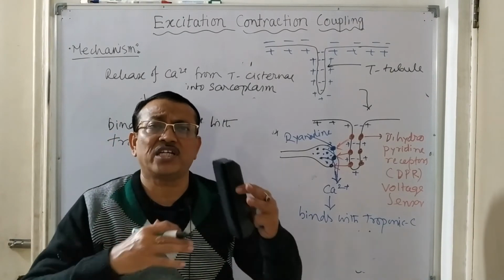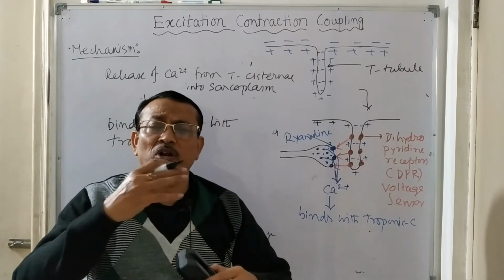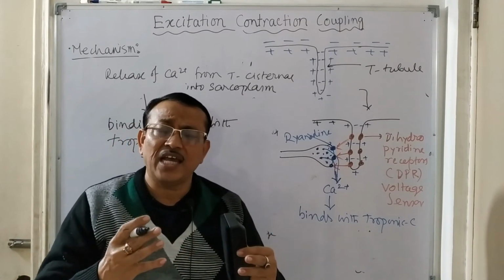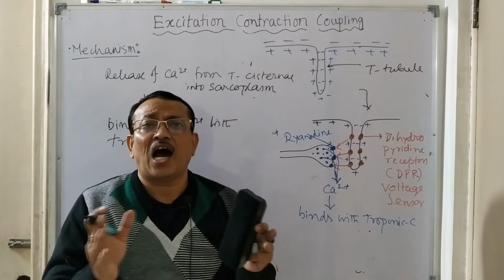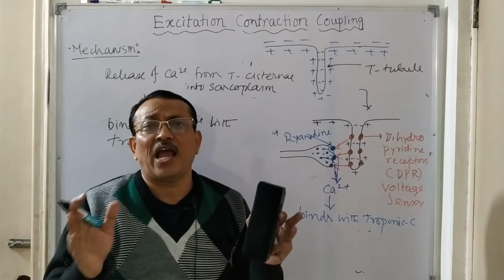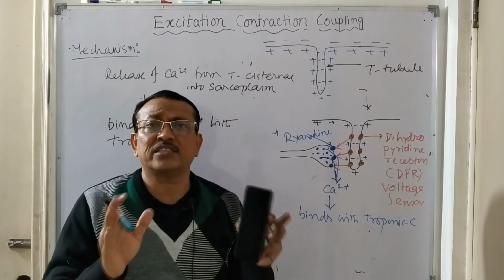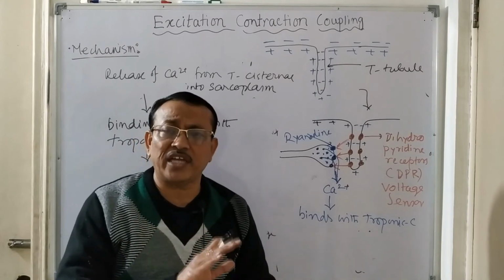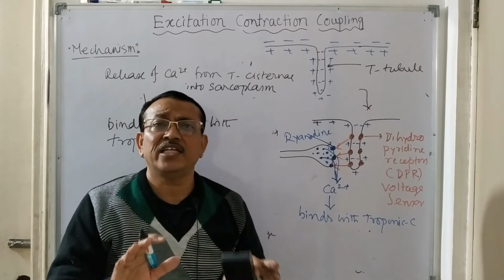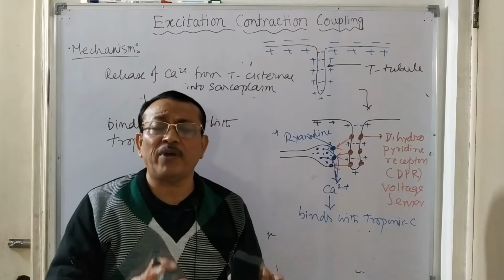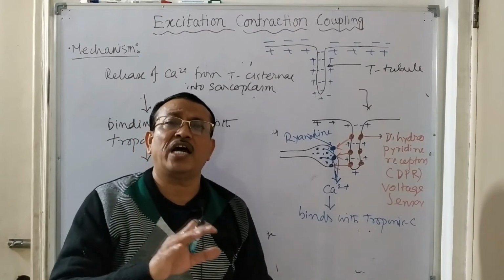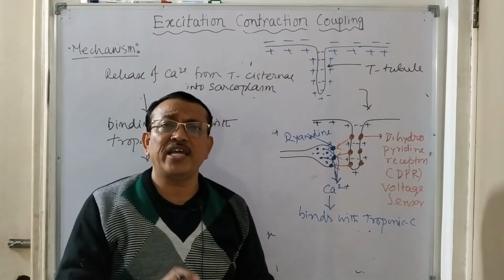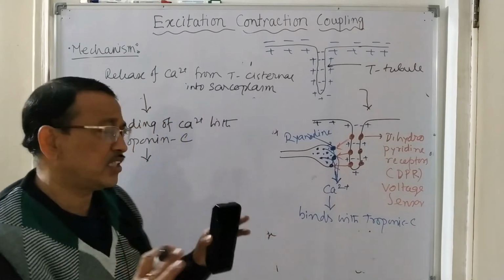So a configurational change of the troponin molecule will take place, and that leads to the uncovering of the actin binding site of the myosin head. So the myosin head is no longer prevented from binding with the actin molecule, and thereby the actin myosin complex is formed.